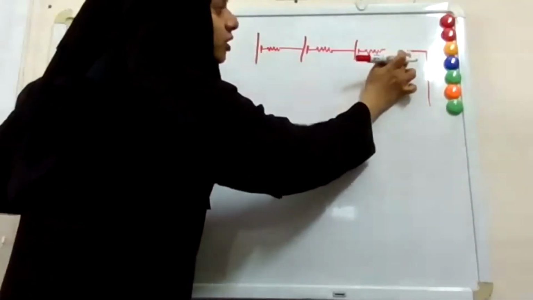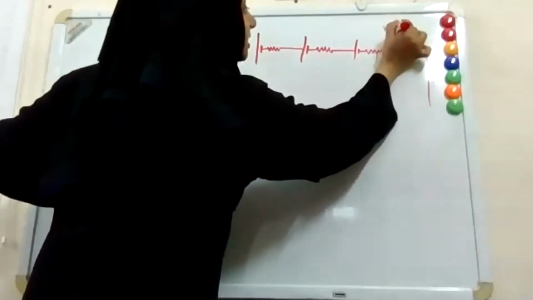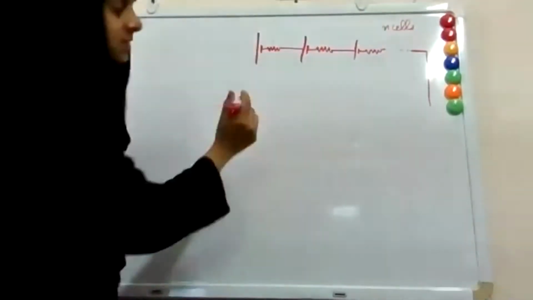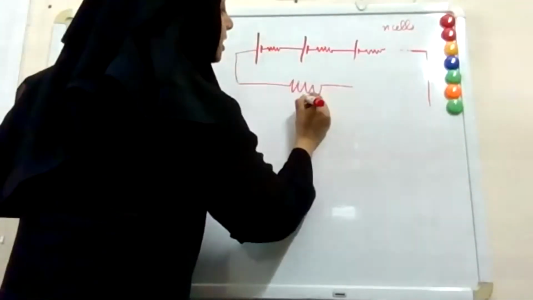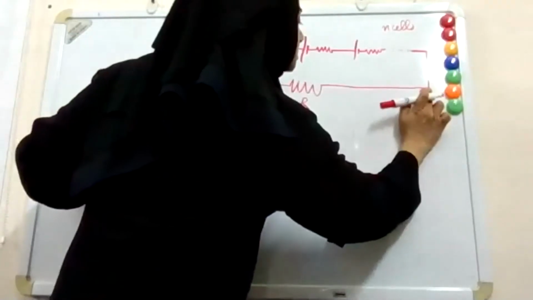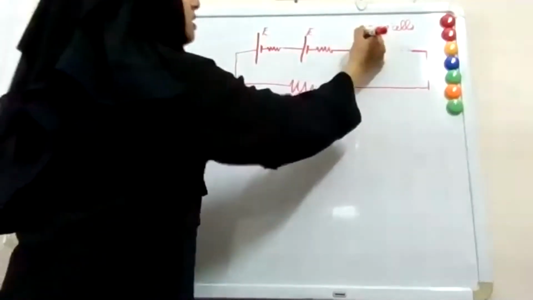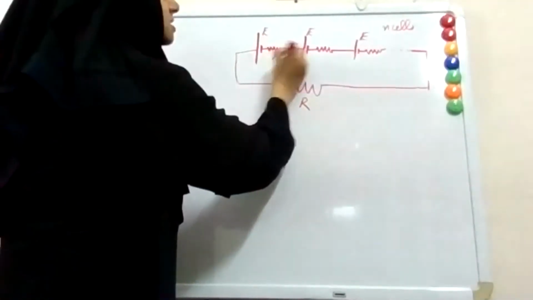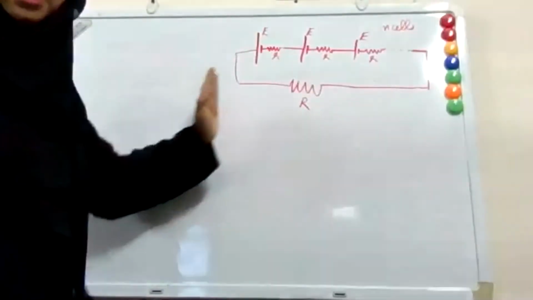That's why I put dots here. This means there are more n cells. Suppose there are n cells and there is an external resistance capital R. So this is the circuit. You have identical cells having EMF E and internal resistance r, and there are n such cells connected.